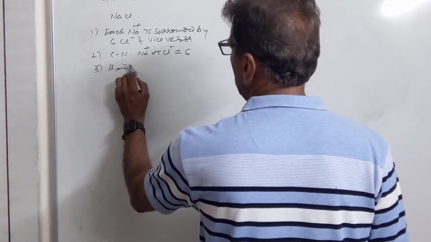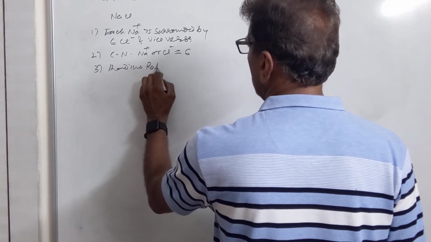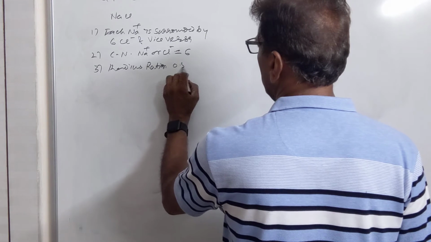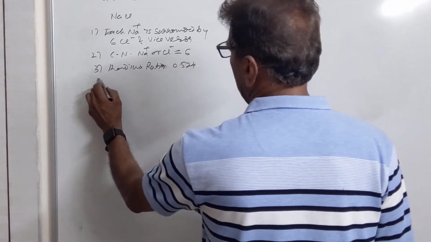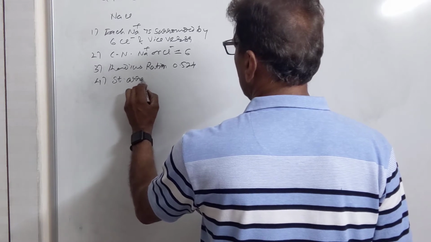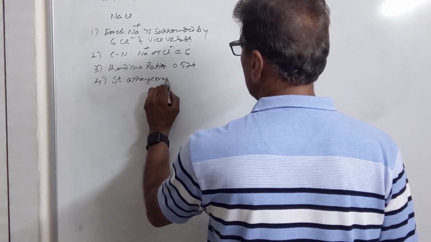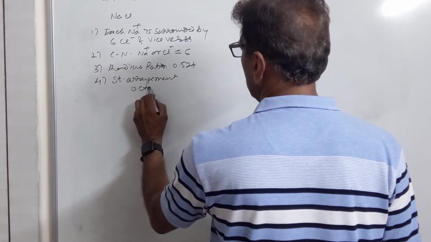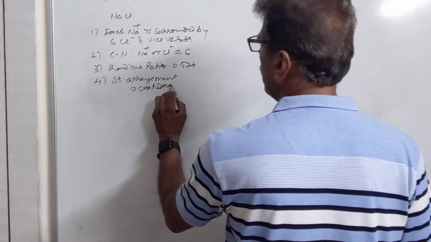The radius ratio is 0.524, and the structural arrangement in NaCl is octahedral.